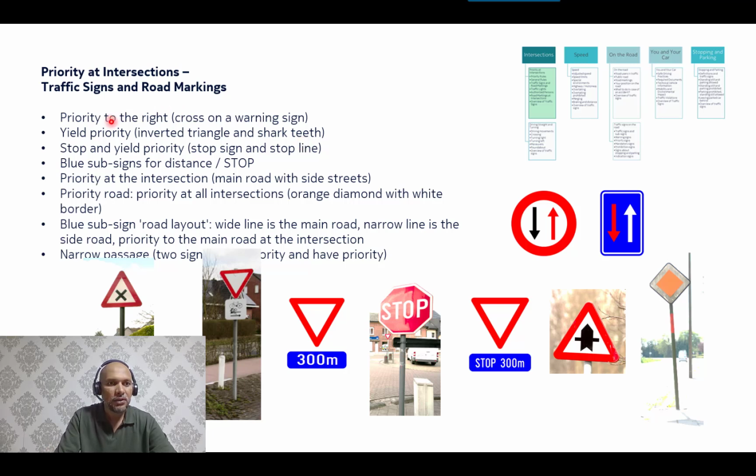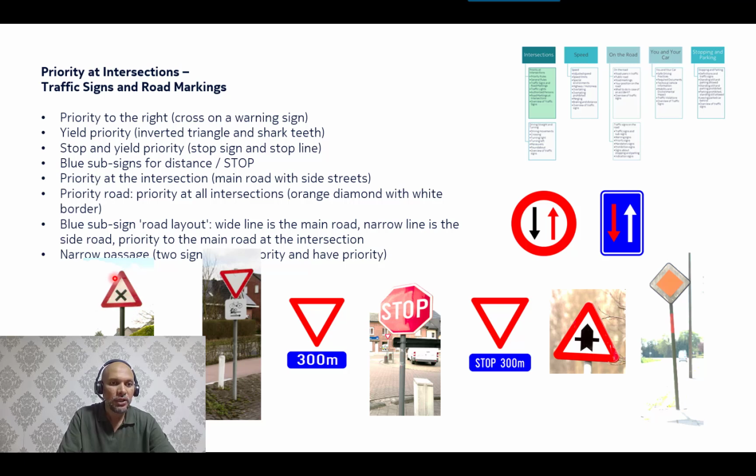Let me quickly take you through this slide. It talks about priority to the right, cross on a warning sign. As you see, this is a triangle, which means it's a warning triangle. A warning triangle with a cross mark indicates crossroads.